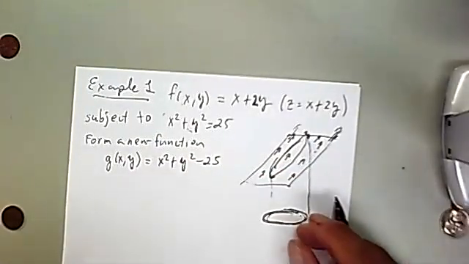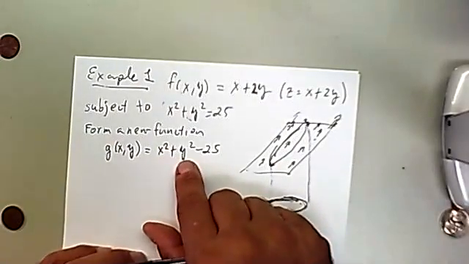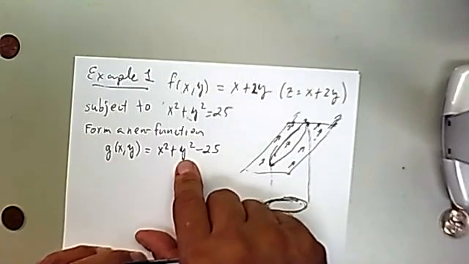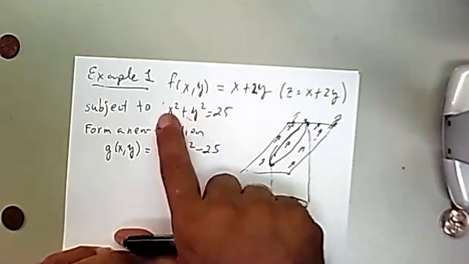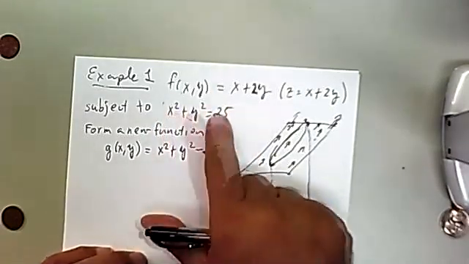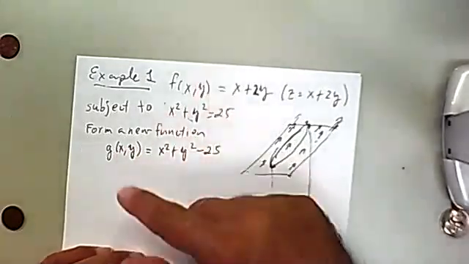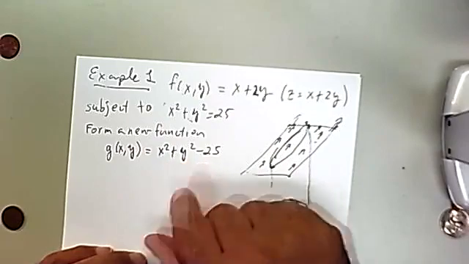If you did 25 minus x squared minus y squared, the method will work. So either put the 25 on the other side of the equation or put the x squared plus y squared on the other side. Whichever one of the two you do, the method will work. So we don't have to worry about that.